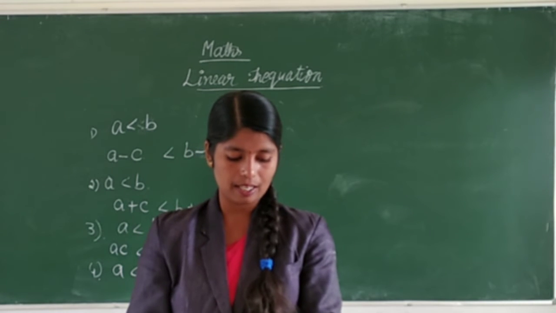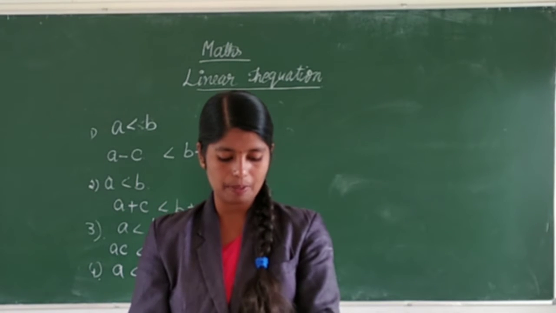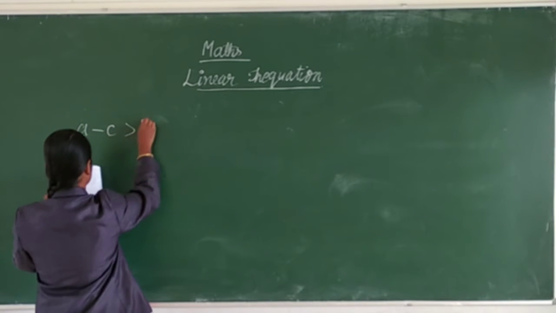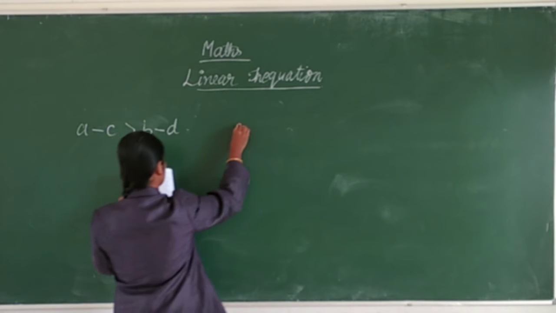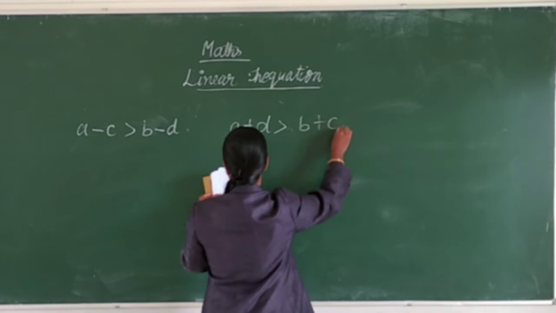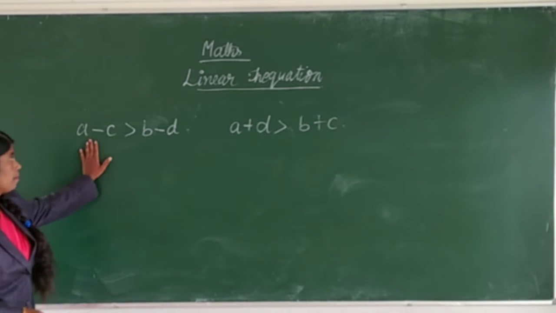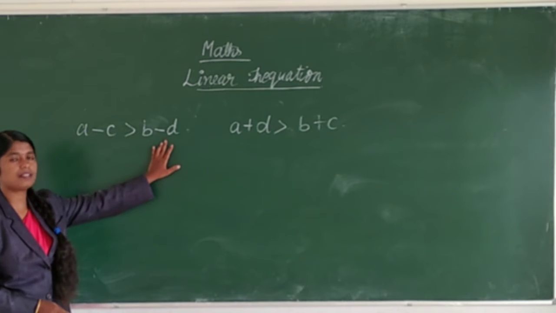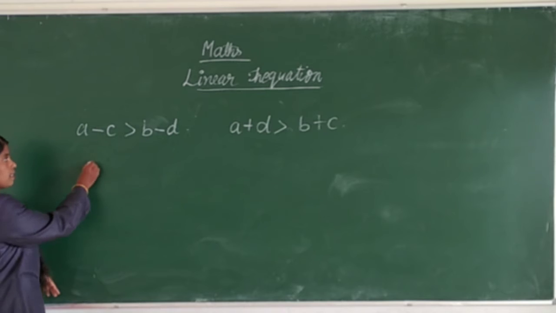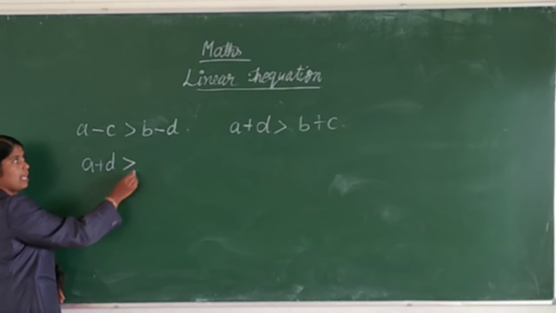A minus C is greater than B minus D, then A plus D is greater than B plus C. The sign of inequation will be same.